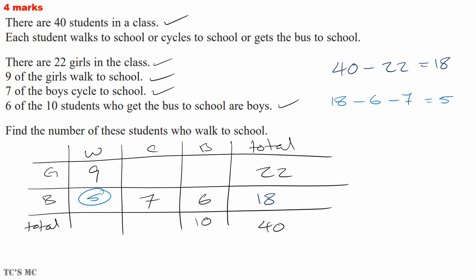And then for my third mark, I need to work out how many walk to school altogether, and that's 9 add 5. And just by writing 9 add 5, I've got a third mark. And then because I've worked that out to be 14, I now have my fourth mark. So this makes it visually a lot easier to see what you need to work out and what you can just leave out.